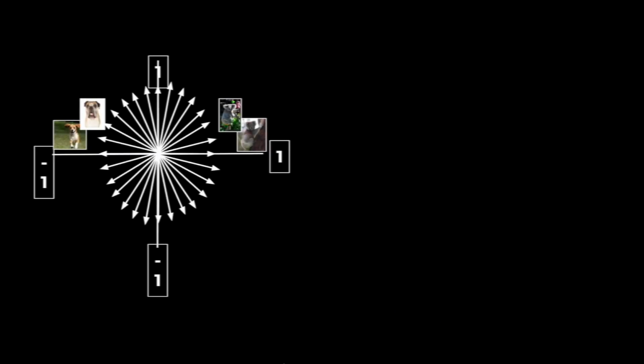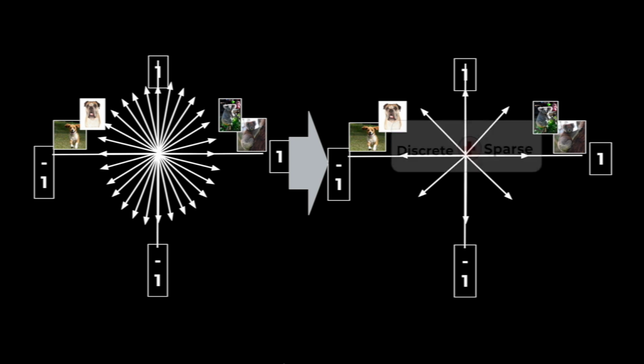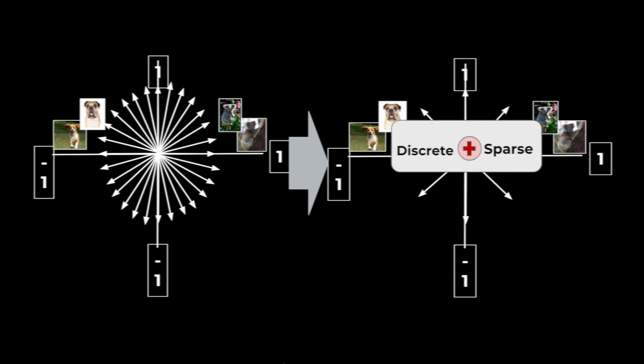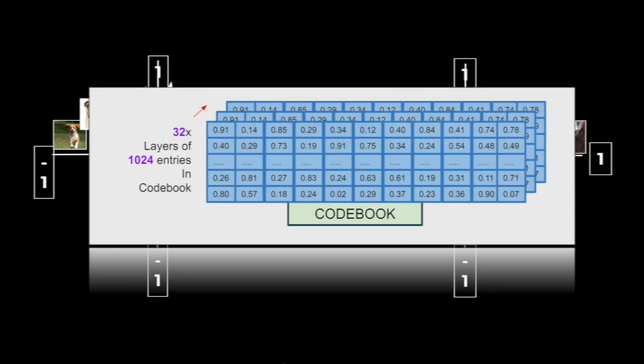If you remember, we started our VQ-VAE topic with moving from continuous data representation to discrete data representation in the latent space, and we promised that with the VQ-VAE we will be able to process the latent data discrete and sparsely. So with the introduction of the codebook, we can make sure that now the latent data is both discrete and sparse.